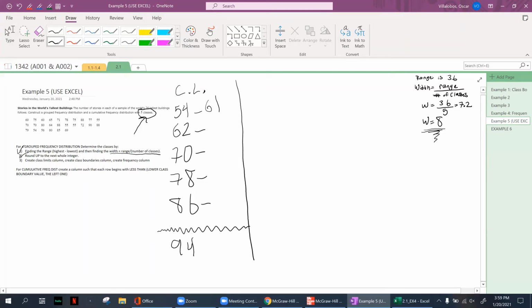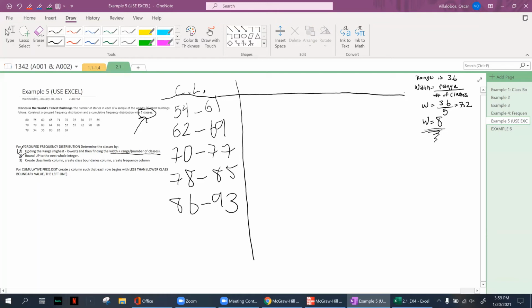And then going back up here, 62 through 69, 70 through 77, 78 through 85, and then 86 through 93, right? Boom, there we go. This is my class limits column. So that's one of them already.